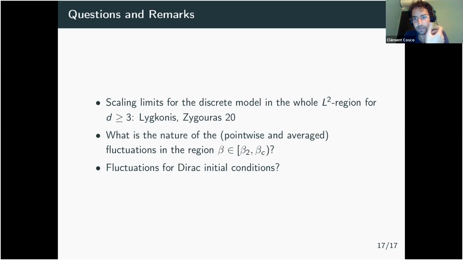But I have not tried to do it, and I've talked with people that are interested in that, and they say that maybe the behavior should be different than that. Maybe more similar to what happens in dimension 2 of the polymer, where around the L2 critical point you have very specific and different behavior, which is not Gaussian, not alpha stable or something. So I'm not sure.